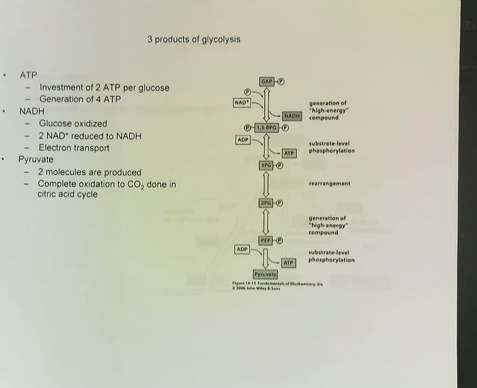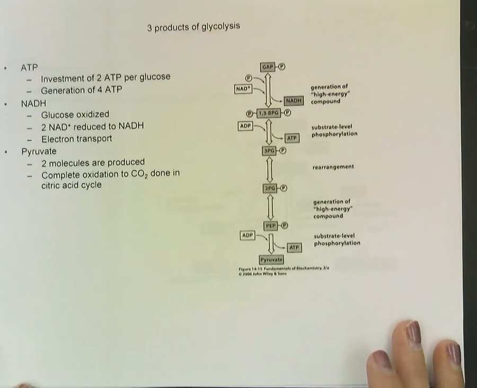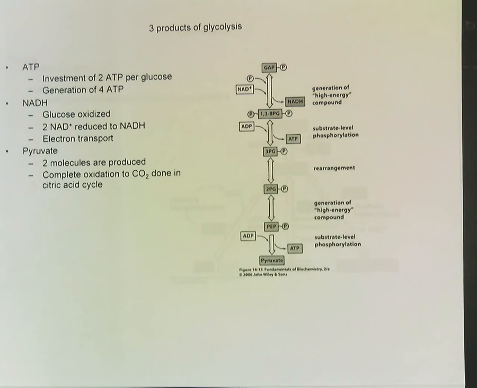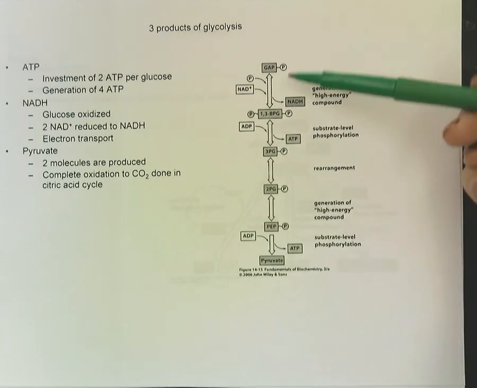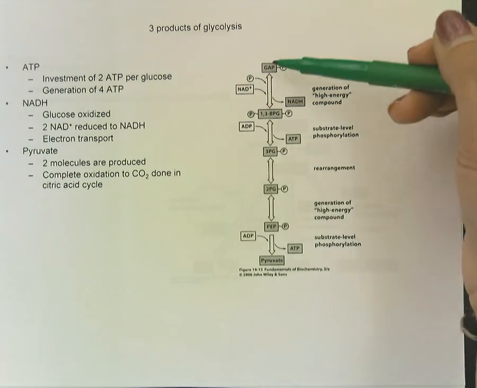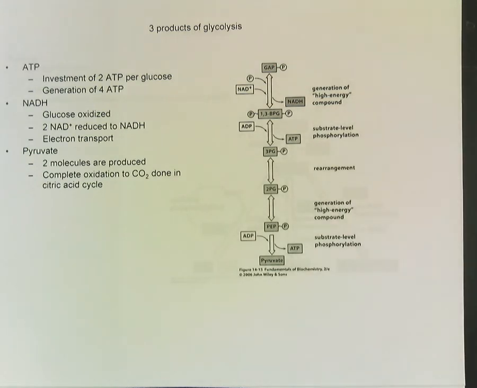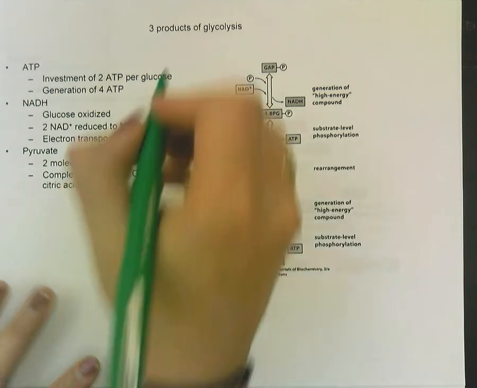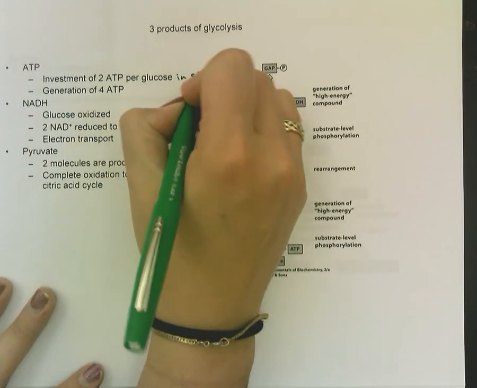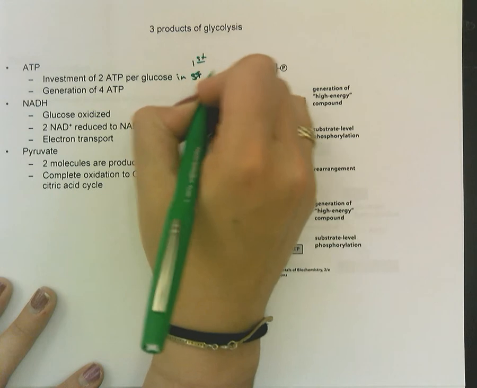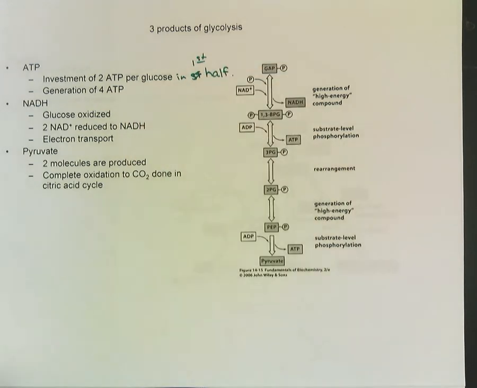So we make 3 products in our glycolysis system. This is looking at the second half specifically, starting with GAP. So in the end, we make 3 overall products. We make ATP, so we invested 2 ATPs in our first half.